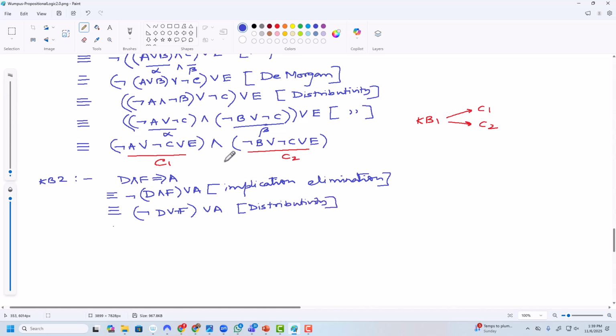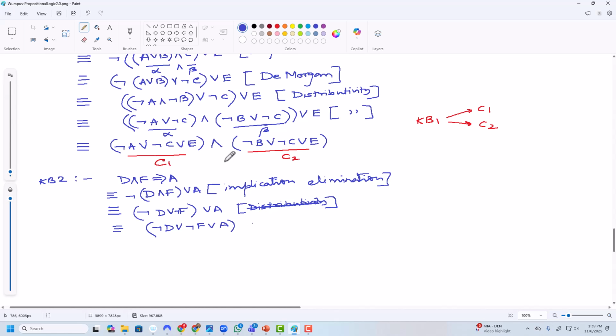Then this will give me two more clauses, not D. No, it's just one clause, not distributivity. So this is this or A. This is not distributivity, this is just opening the parenthesis, you can say that.